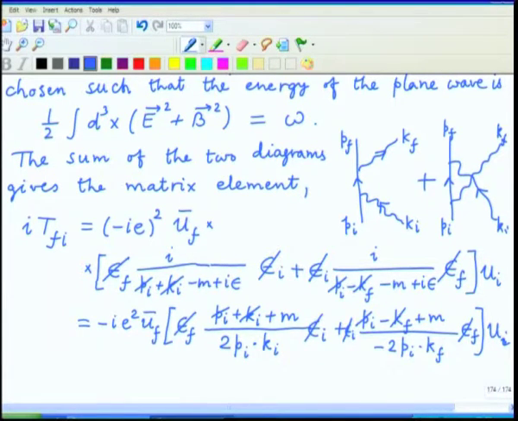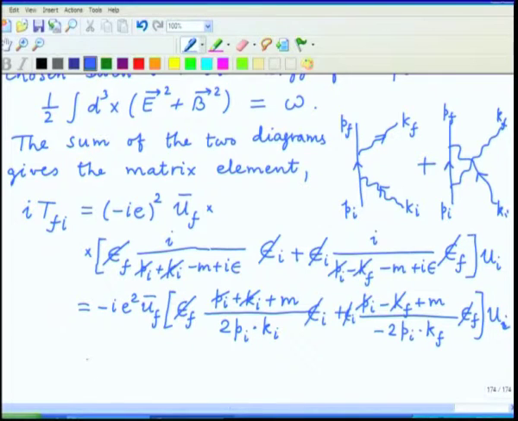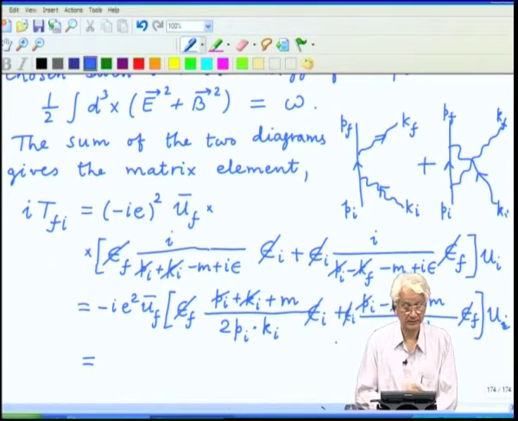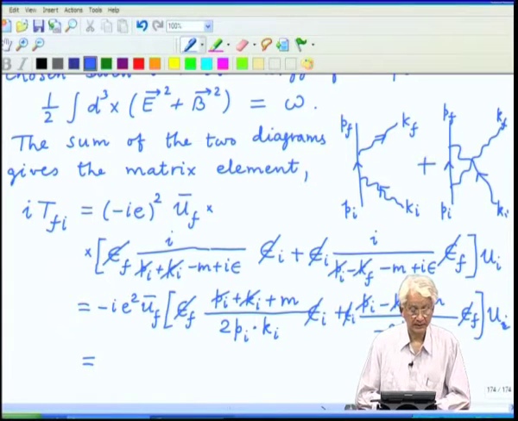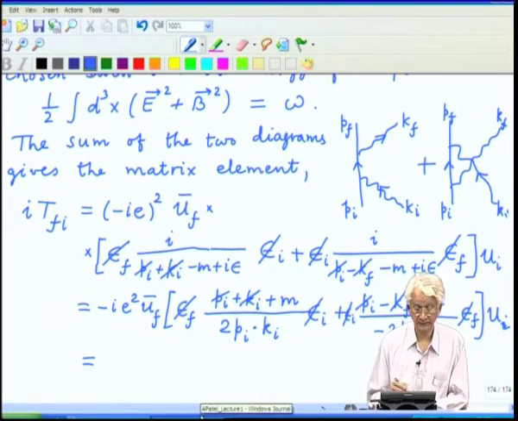You can still do a little bit of simplification, which comes from the various properties of these polarization tensors. In particular, we can commute these polarization epsilon slashes to be just next to each other by taking them through these momentum factors.